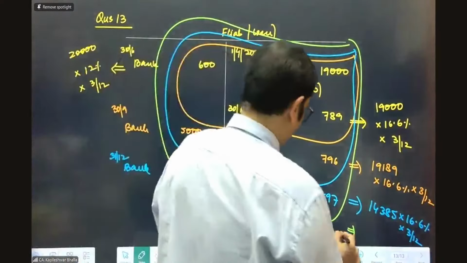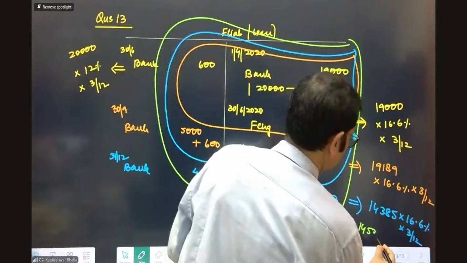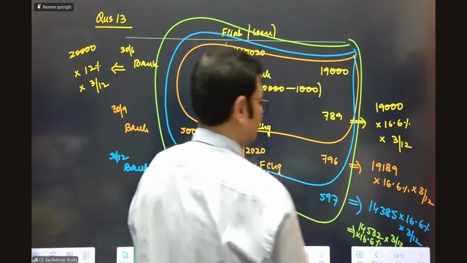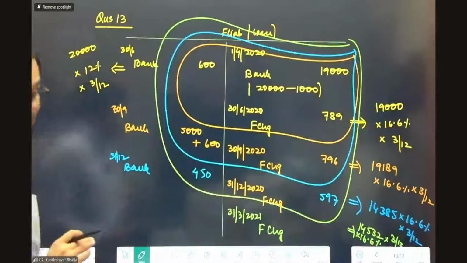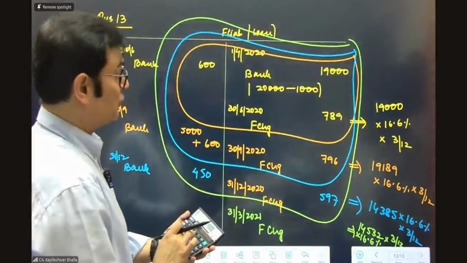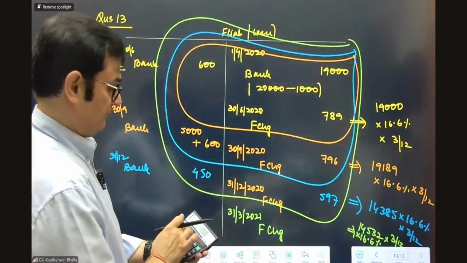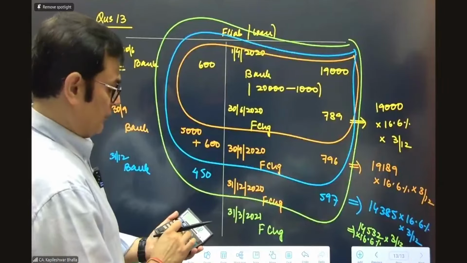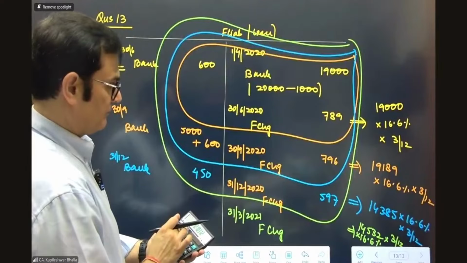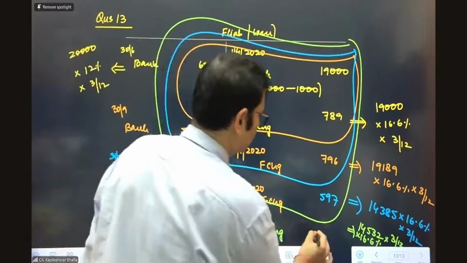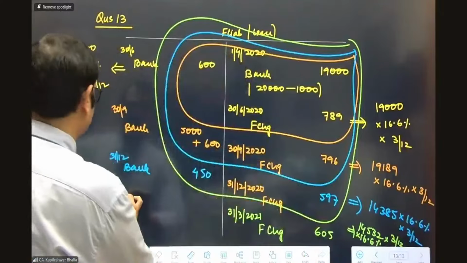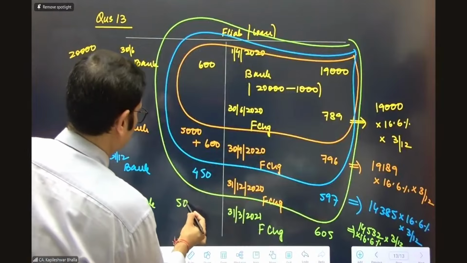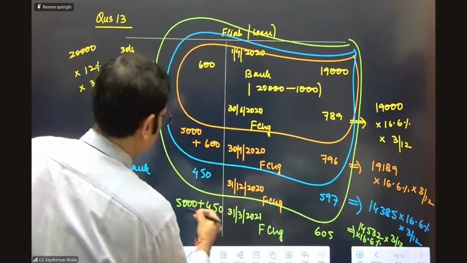This is 14,532 at the rate of 16.6% for a period of 3 months again. I hope the balances are correct. I'll just quickly ensure it is right. Yes, so 14,532 at 16.6, and this is around 605. And then on 31st of March, we made a payment, 5,000 for the principal and the interest of 450.